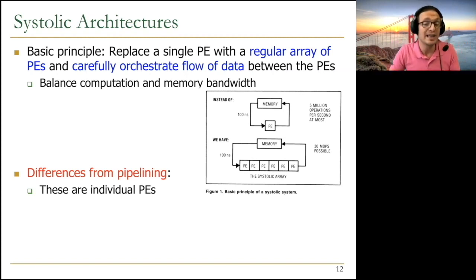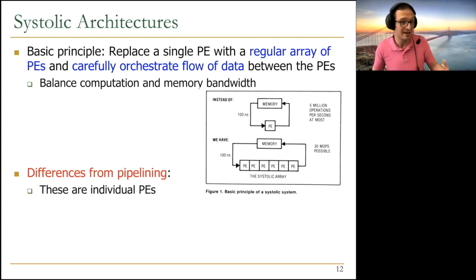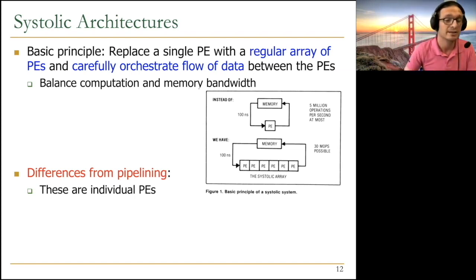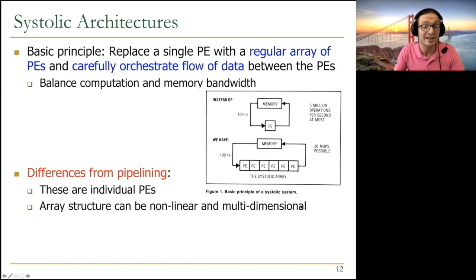But you're really not fetching instructions. Basically, you're not dividing the instruction processing cycle between them. These are individual processing elements that may be doing exactly the same thing to the data. For example, it's just data is flowing through them, okay? Array structure can also be nonlinear and multidimensional, and clearly our pipelines were never nonlinear and multidimensional.